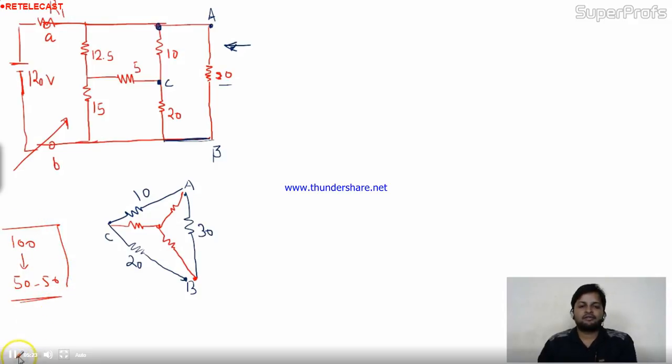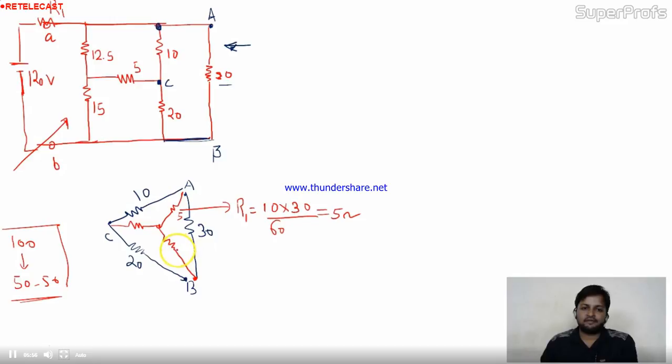Okay, so suppose this is R1. The value of R1, tell me: 10 into 30, remember or not, 10 into 30, divided by the summation of all, 10, 20 and 30, which is 60. So your result is 5 ohm. This one is 5.